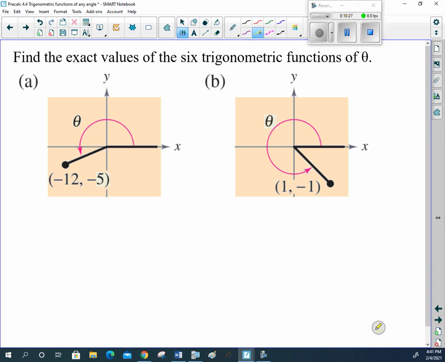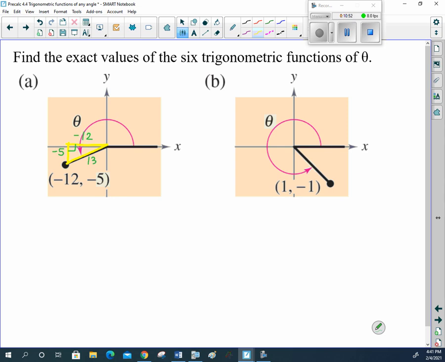Here's the terminal side, here's the x-axis. Draw that perpendicular to the x-axis, and this is your reference triangle. So this went left 12 units, and it went down 5. If we do the Pythagorean theorem, we find that our hypotenuse is 13.